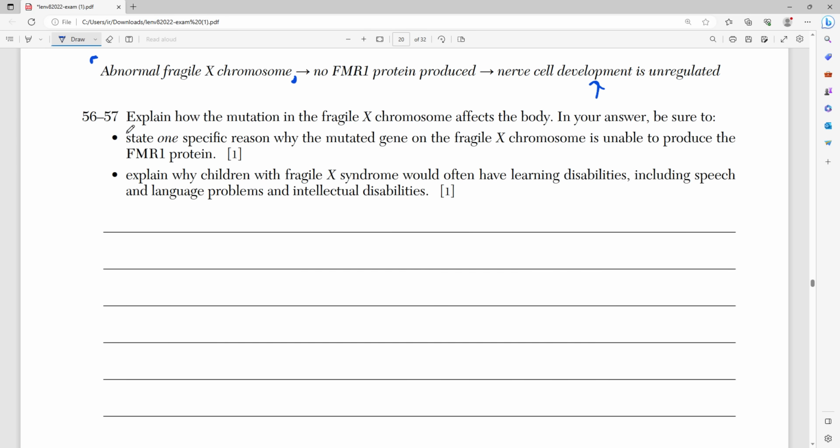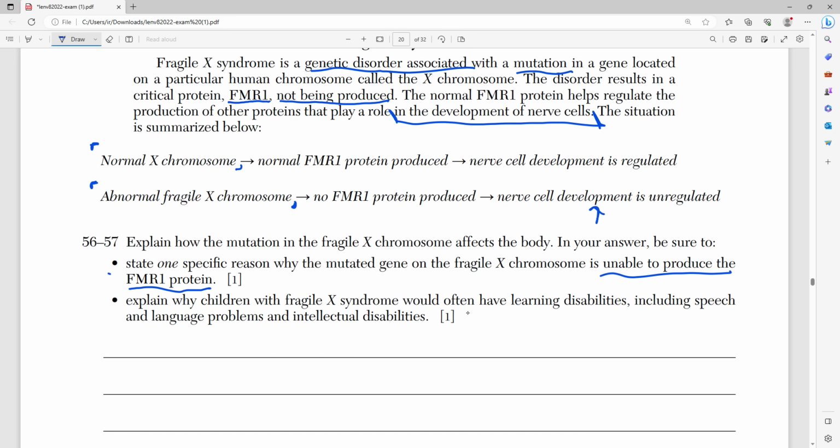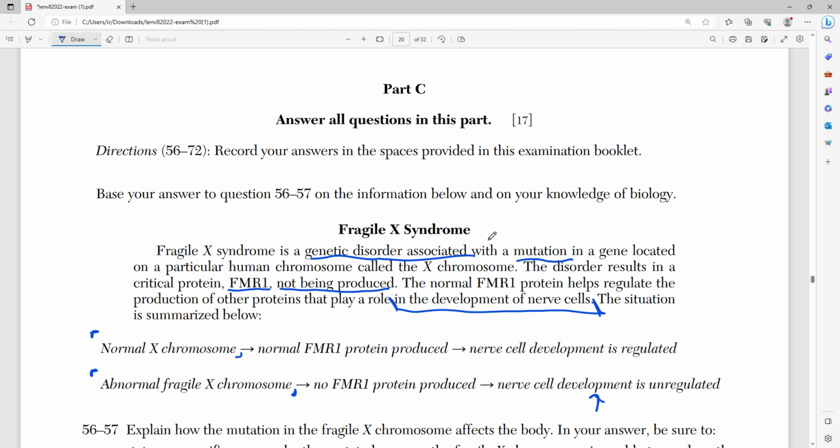Question 56 to 57 asks us to explain how the mutation in the Fragile X chromosome affects the body. In your answer, be sure to state one specific reason why the mutated gene on the Fragile X chromosome is unable to produce the FMR1 protein. So I'm just going to answer these two points. Point number one, we have a mutated gene. Call back to when you learned about mutations, specifically in genetics.